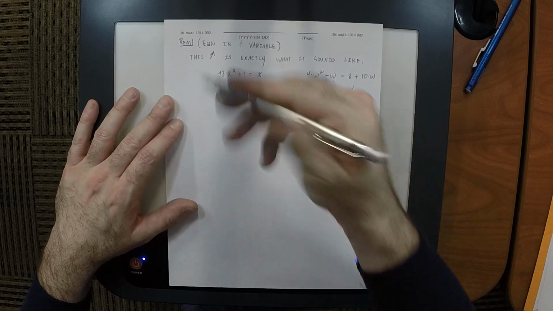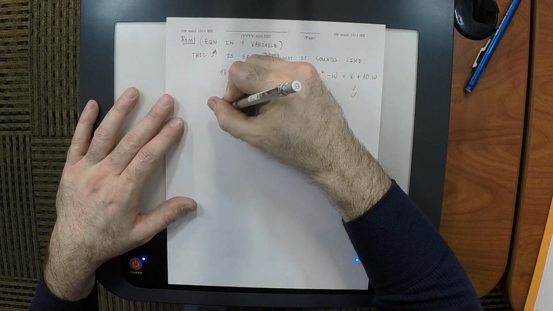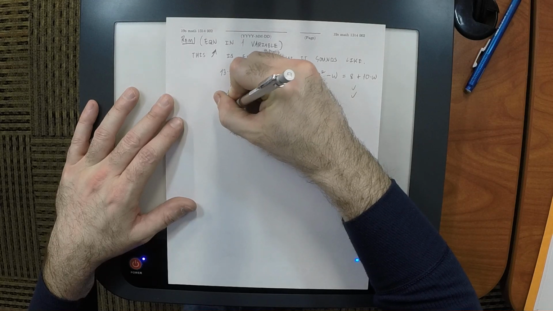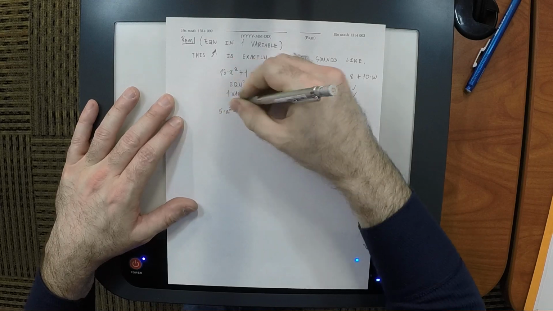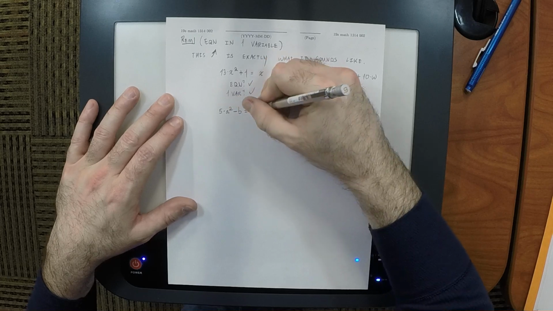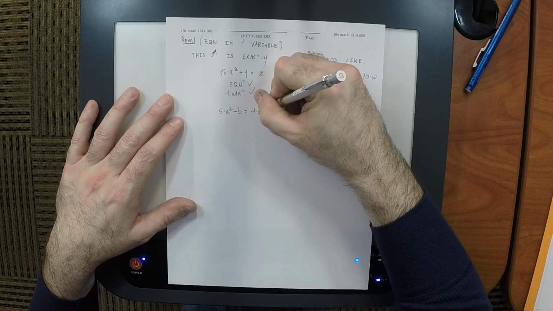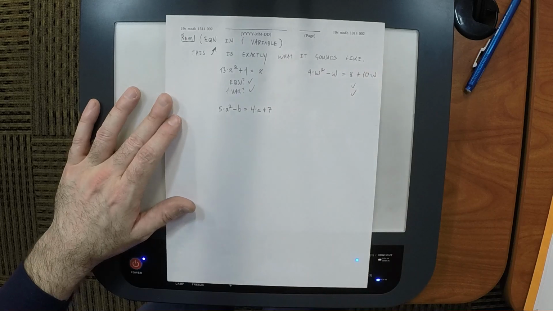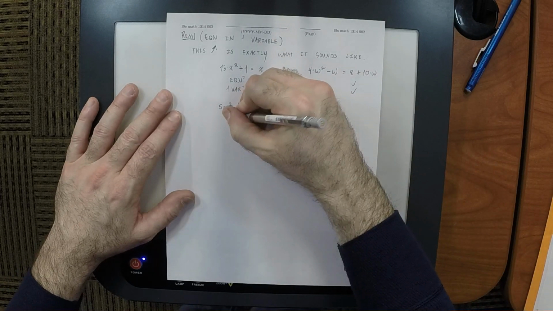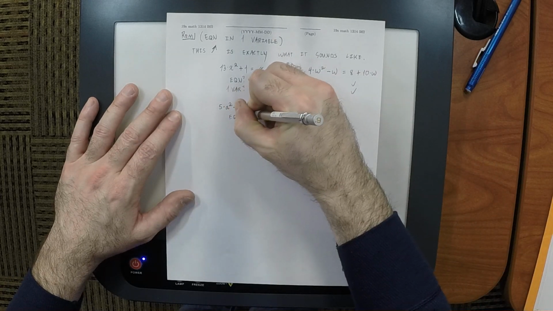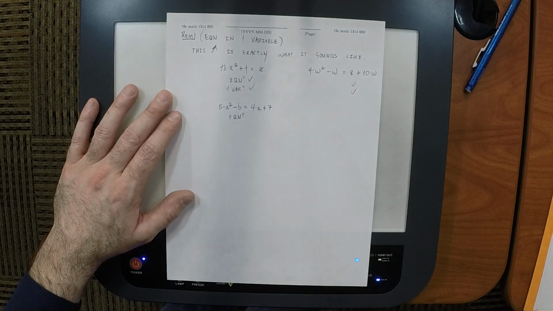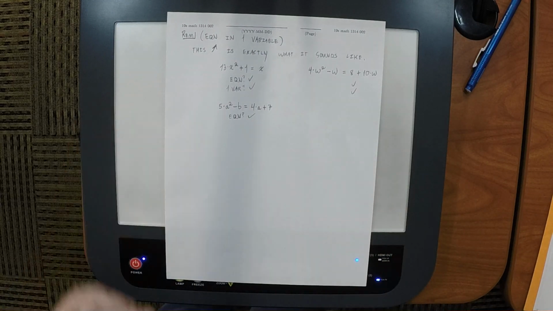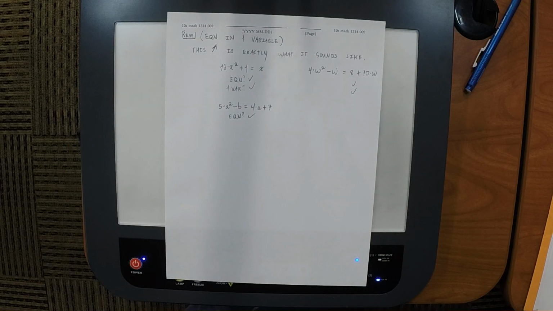How about this one? 5a squared minus b is equal to 4a plus 7. Is this an equation? Yes. Is it an equation in one variable? It is not.